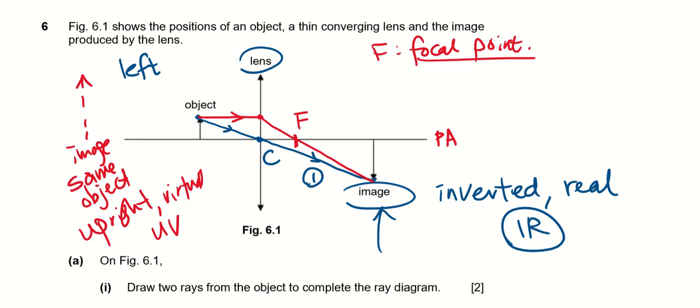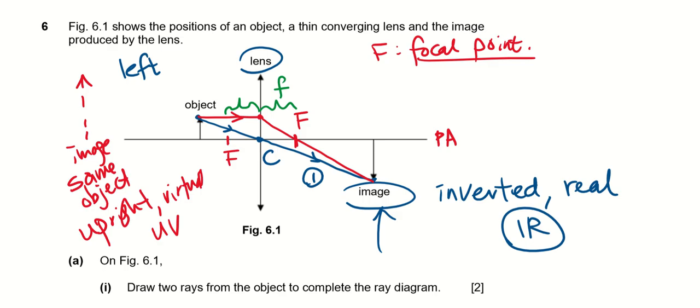Okay, and each lens actually has two focal points, one on each side. So if I have this focal point here, this will be my focal length. So I must have another one of equal distance on the other side. So this is my second focal point.